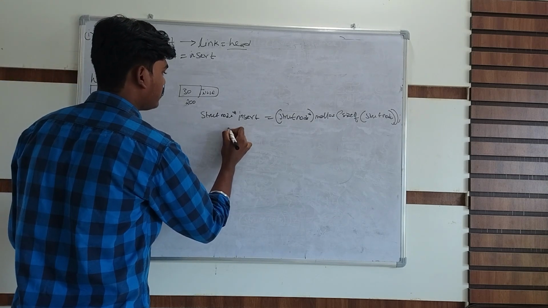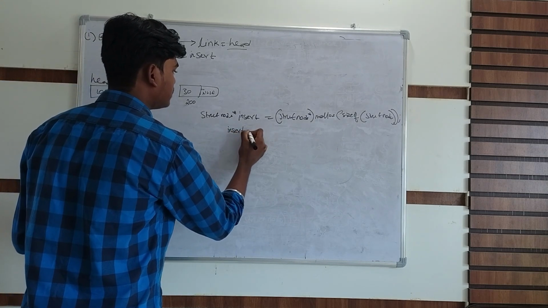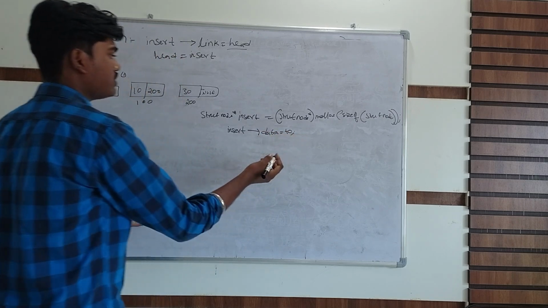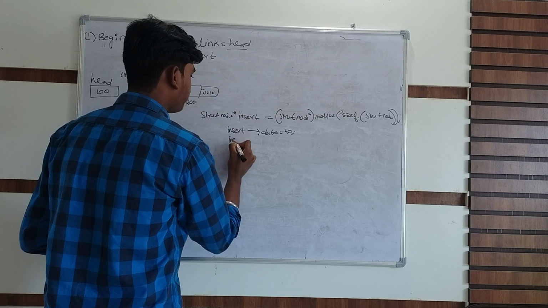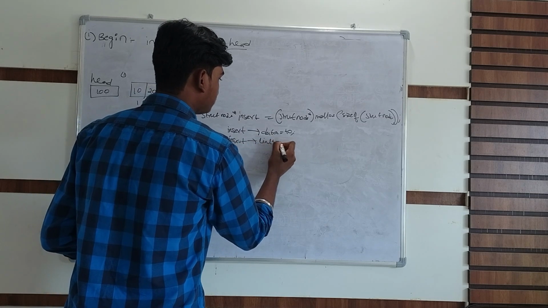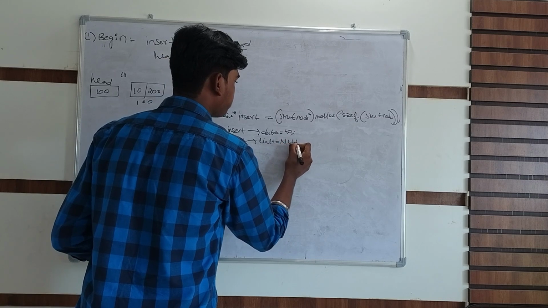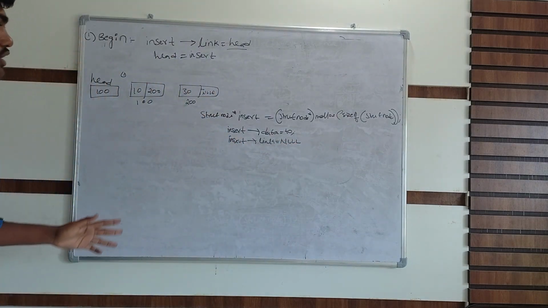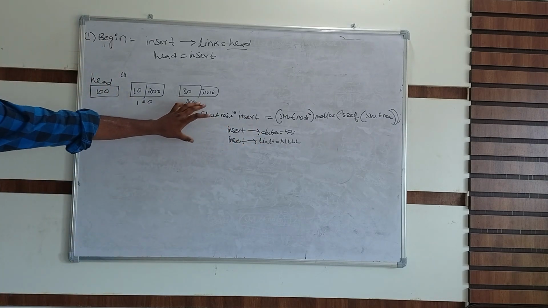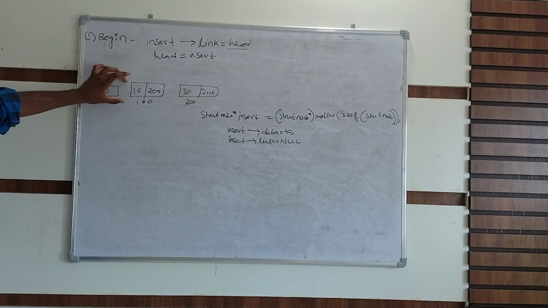I created one node called insert. Suppose data is 40 and initially it is linked to null. It is linking to the null. So our aim is to insert, to update this new node into the first position.